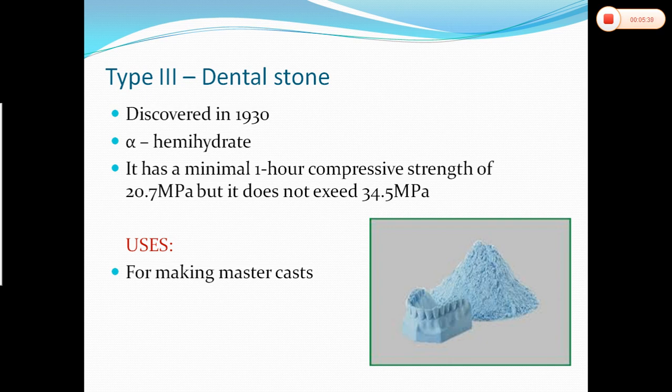As it has more compression strength, it is stronger than the model plaster. That's why we use dental stone for making master casts, as it can withstand the pressure.